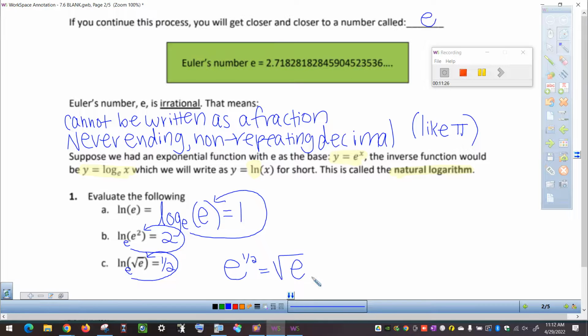Okay, actually, I want to add in one or two more here, since we have a little bit of space off to the side. So I'm going to add in a part B, and have us think about how we would do ln of 1 over e.